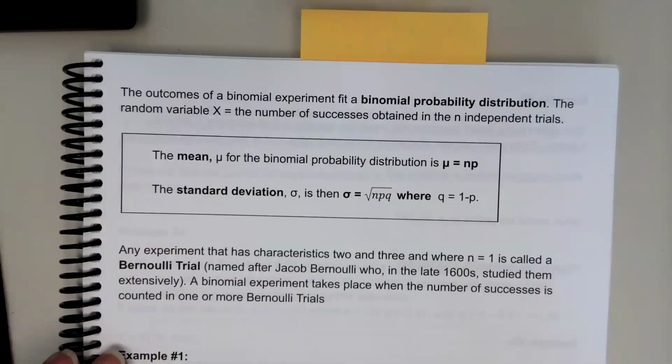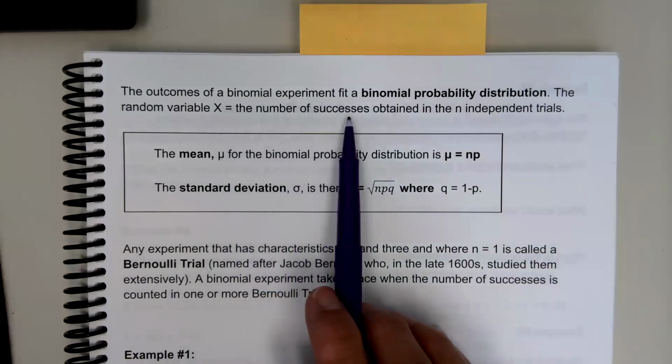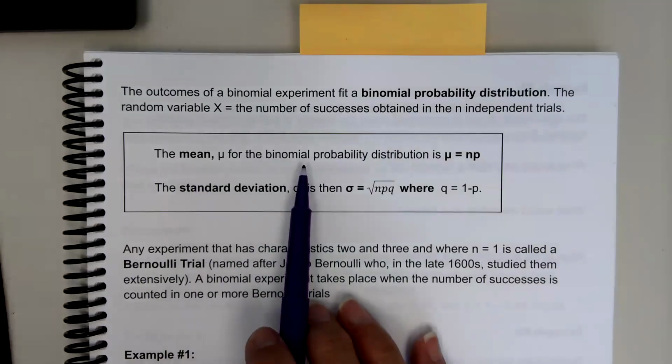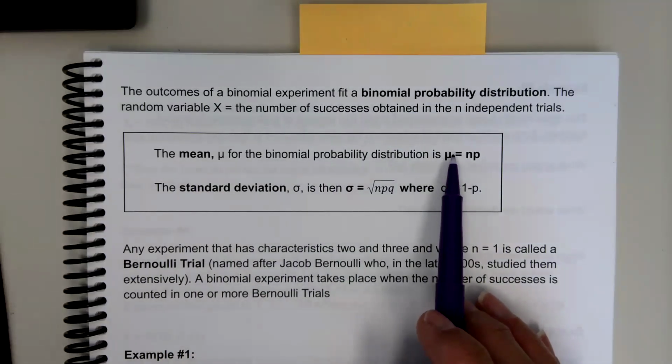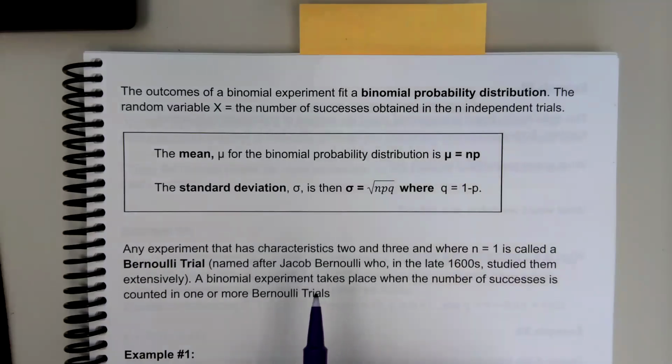The outcomes of a binomial experiment fit a binomial probability distribution, where X is the number of successes obtained in the n independent trials. The mean of a binomial probability distribution is shown as mu, and that equals n multiplied by P, the probability of success.